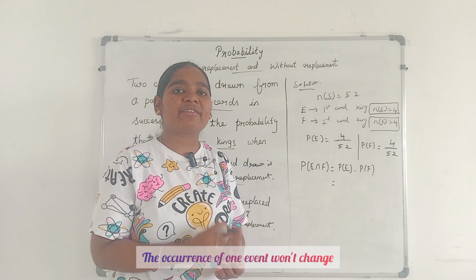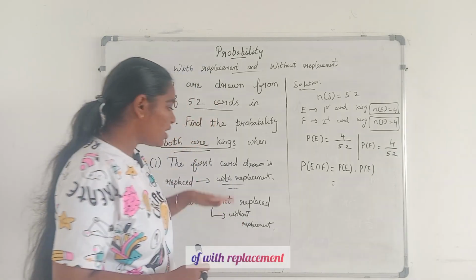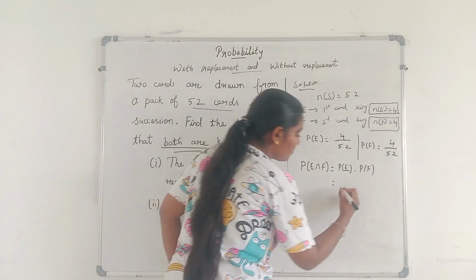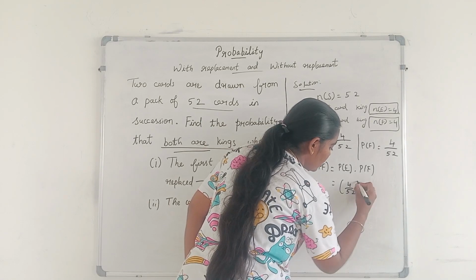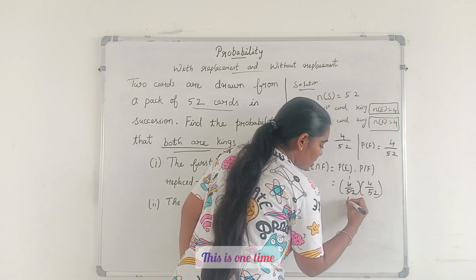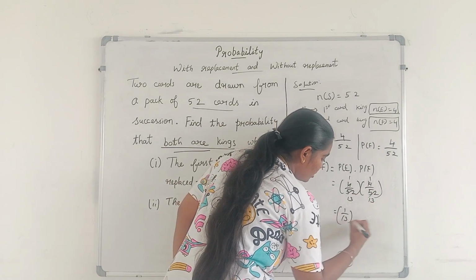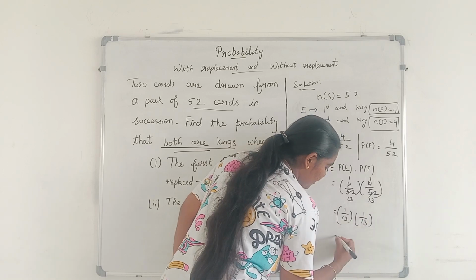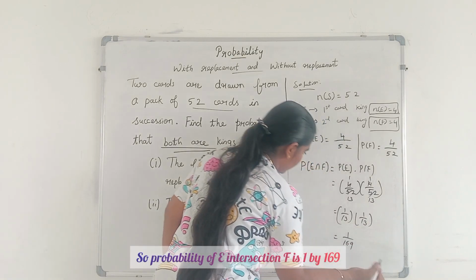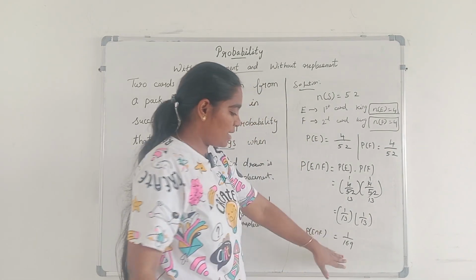The occurrence of one event won't change the probability of the other one in the case of with replacement. So 4 by 52 into 4 by 52. 4 by 52 is 1 by 13, so 1 by 13 into 1 by 13, which is 1 by 169. So the probability of E intersection F is 1 by 169.